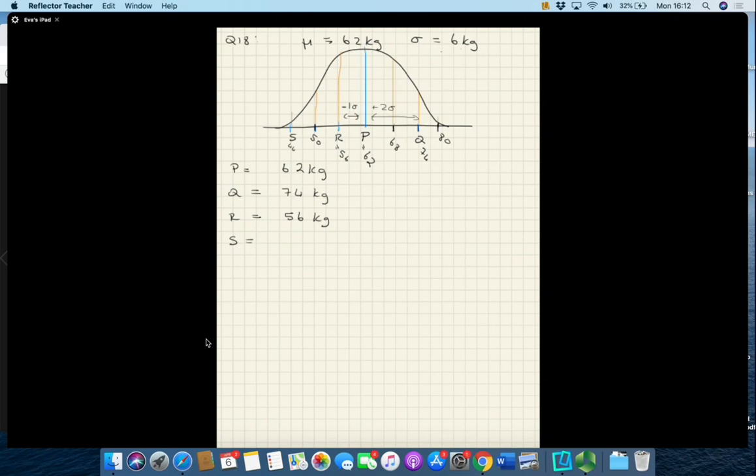S is down 3 standard deviations, so it is 44, or the other way of doing it is 62 minus 3 times 6. Either way, you get 44 kgs. Okay, and that's question 18. So that's how you read a normal distribution curve with your standard deviations.